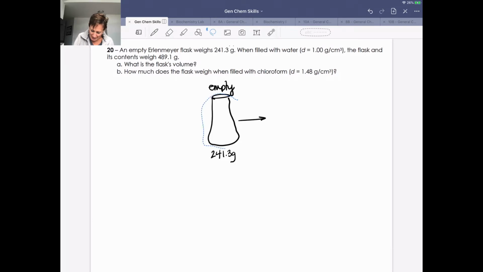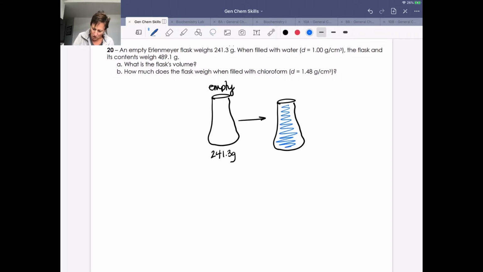When we fill it with water, and I'm going to cheat a little bit and copy my flask here so I don't have to redraw it. When I fill my flask with water, it has a different weight. I'm going to go ahead and just fill this with water.